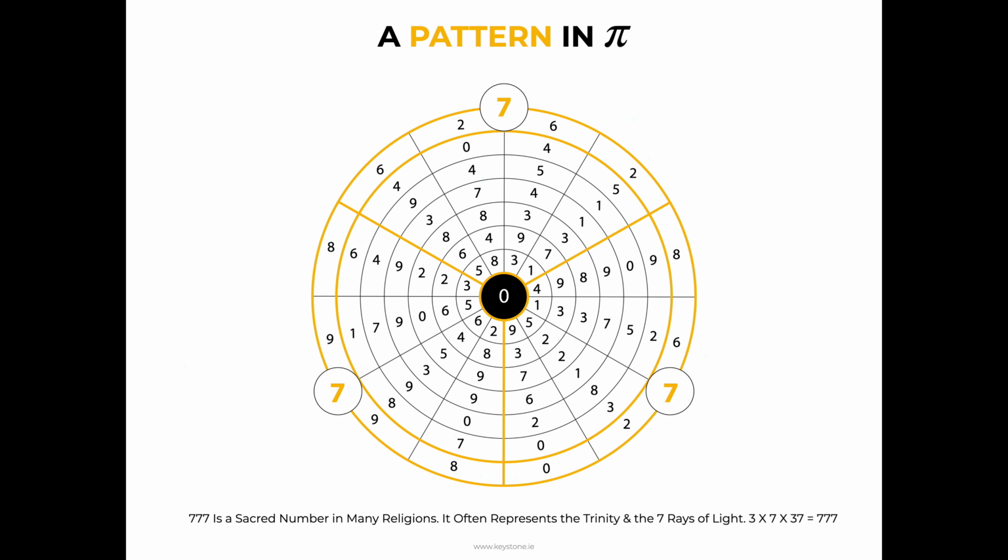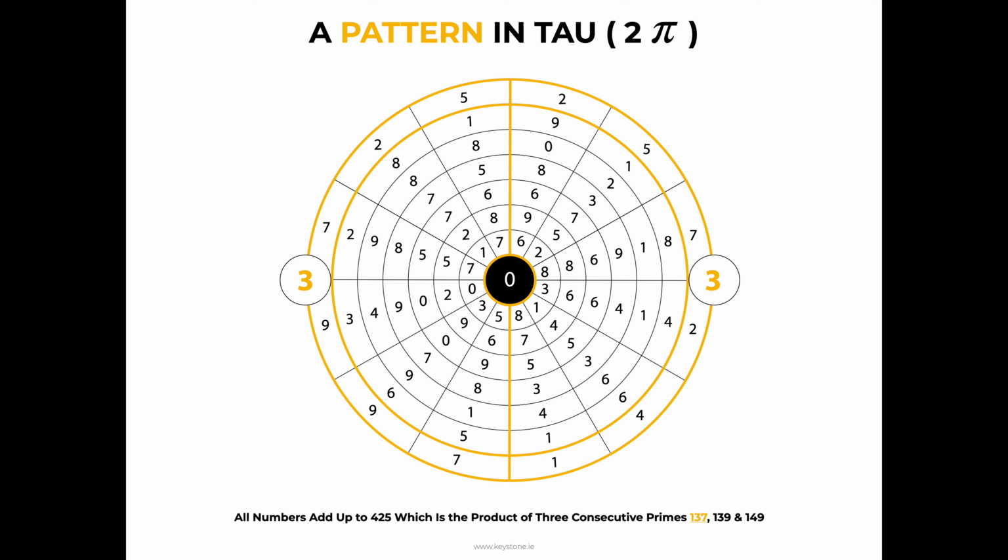Let's take a look at 2 pi, which is called tau. We find the same thing. On the 7th row, this half adds up to 3. And this half adds up to 3. Now this is important.